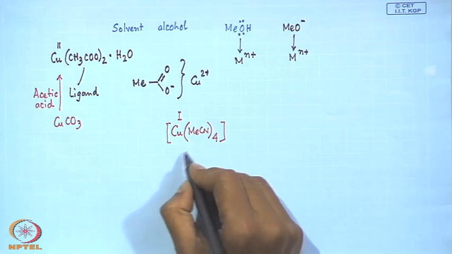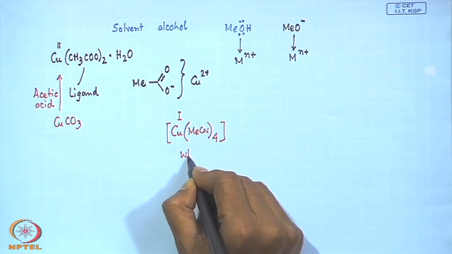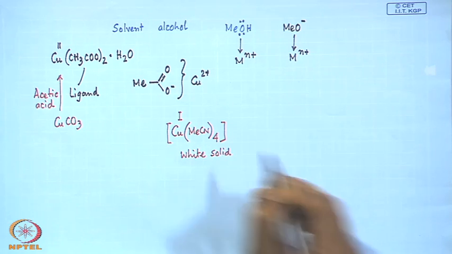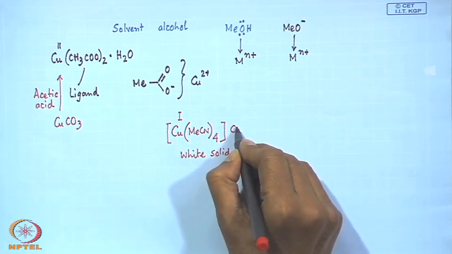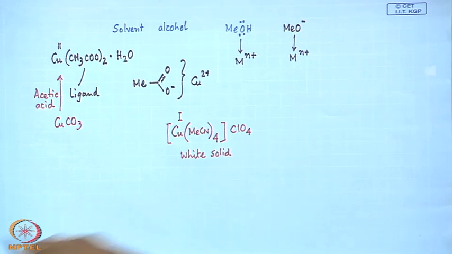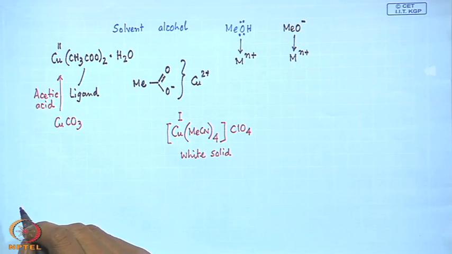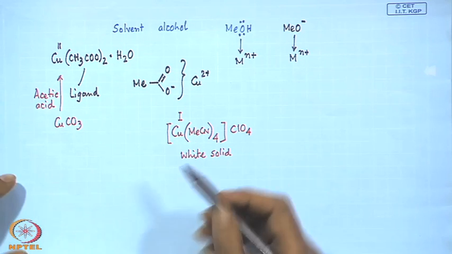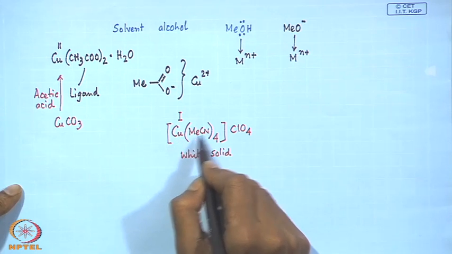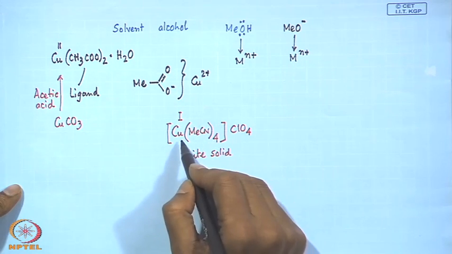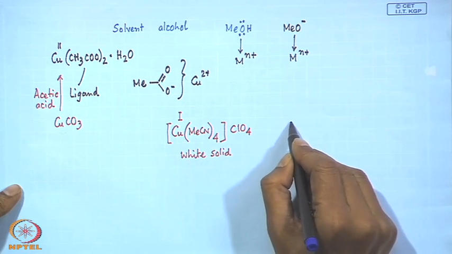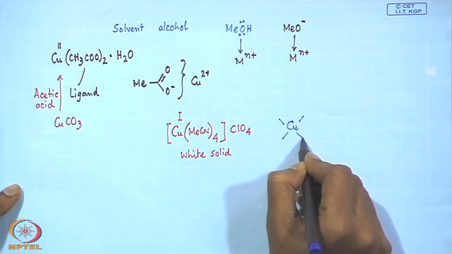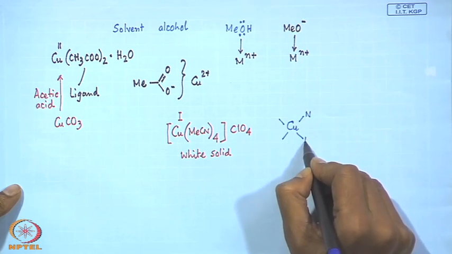So, it is a white compound in the solid state, and if we want to prepare it as perchlorate, it is the corresponding perchlorate salt, and this is a very useful reaction to study different types of reactivity patterns related to Cu plus copper, because it can activate dioxygen, and it can also activate some other organic molecules, where this copper is present. This copper is bound to the 4 nitrogen atoms of the acetonitrile.